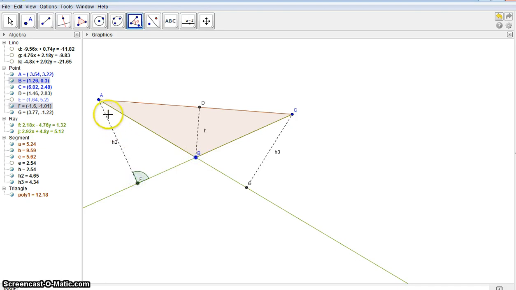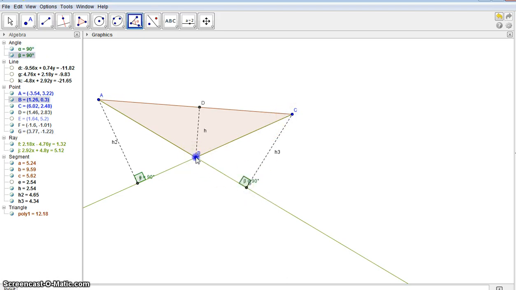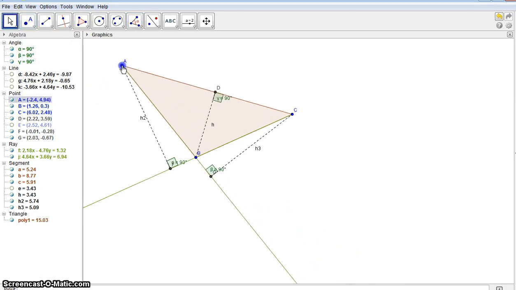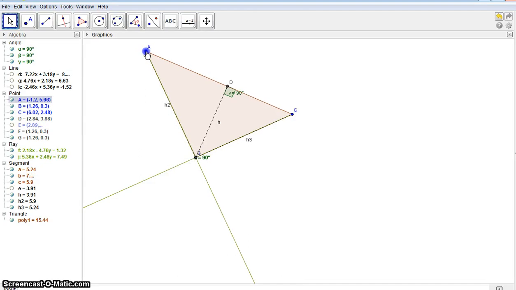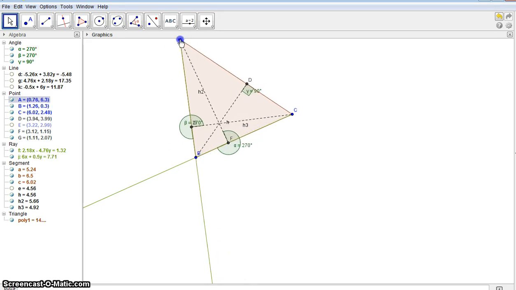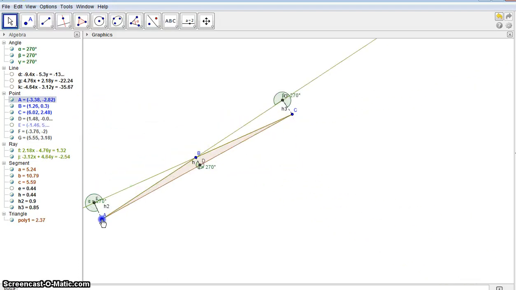Let's mark these angles. Make sure they're 90 where they meet the opposite side. And let's take a look again at what happens as this triangle becomes a right triangle, as this triangle becomes acute, and as this triangle goes back to being obtuse.